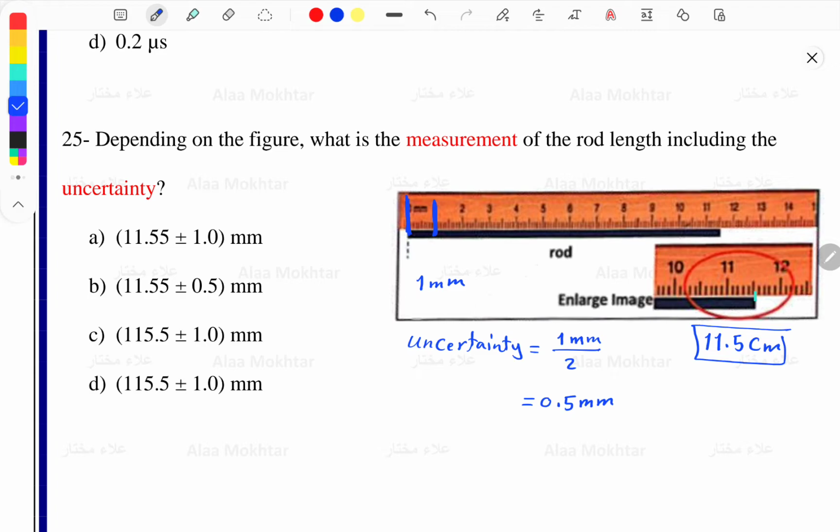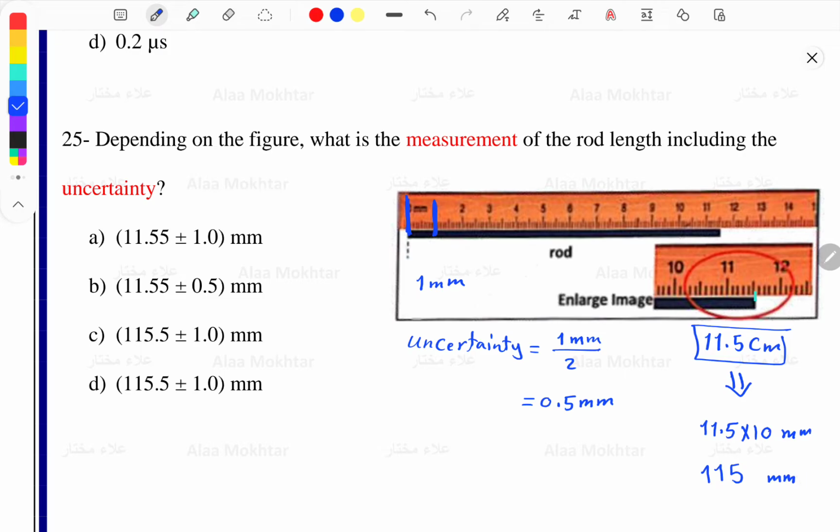So 11.5 centimeter equals how many millimeter? It will equal 11.5 times 10 millimeter. It will be 115. Is it correct? Millimeter.